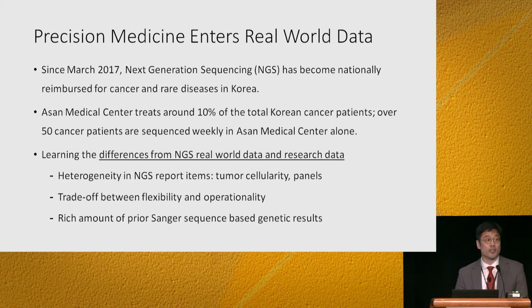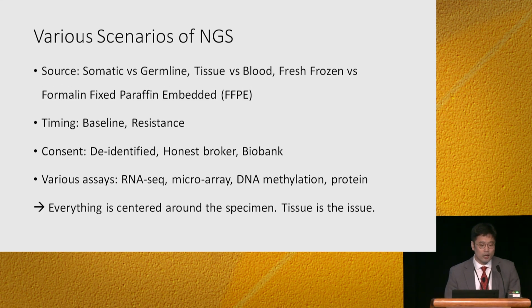You had to be really flexible on how you obtain the data, link it with clinical data, and compare with prior Sanger sequencing or immunohistochemistry data. We had to think about what the source was, when the next-gen sequencing was performed, what the consent status was, and various other assays on board. How are you going to integrate all that?